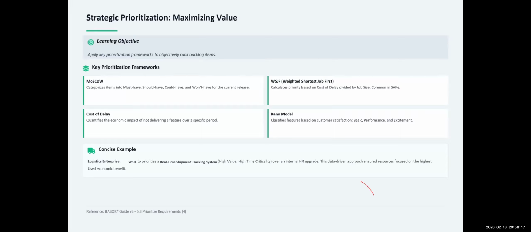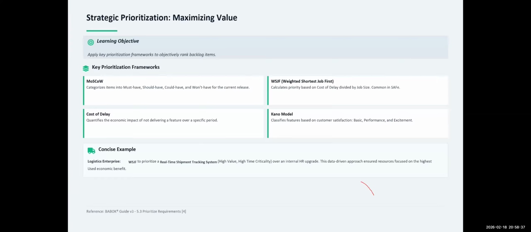Now, cost of delay is, you calculate to say that if we delay delivering this particular feature, what is the economic value that we will lose, or what is the economic impact of not delivering it?